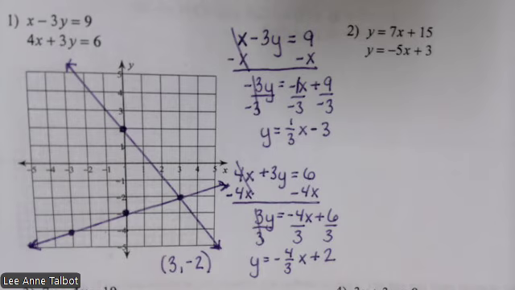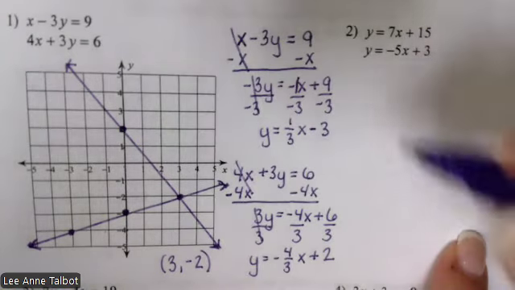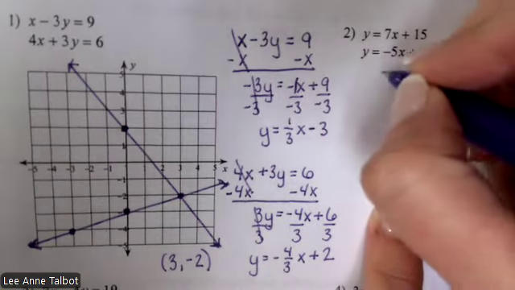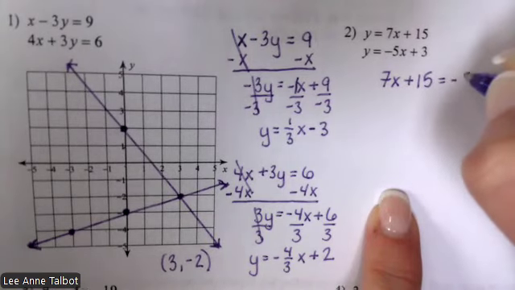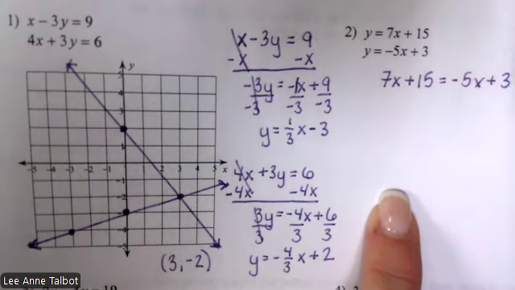Okay. All right. So number 2, equal values, substitution or elimination method. Equal values. Great. 7x plus 15 equals -5x plus 3.